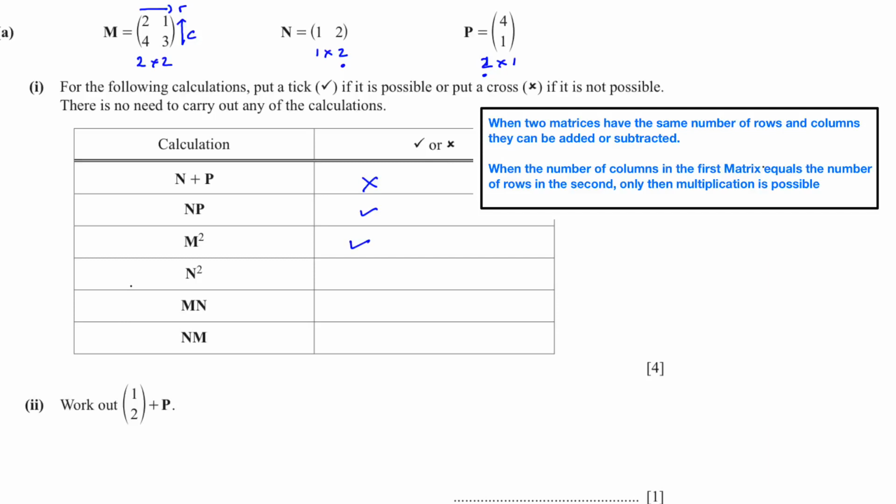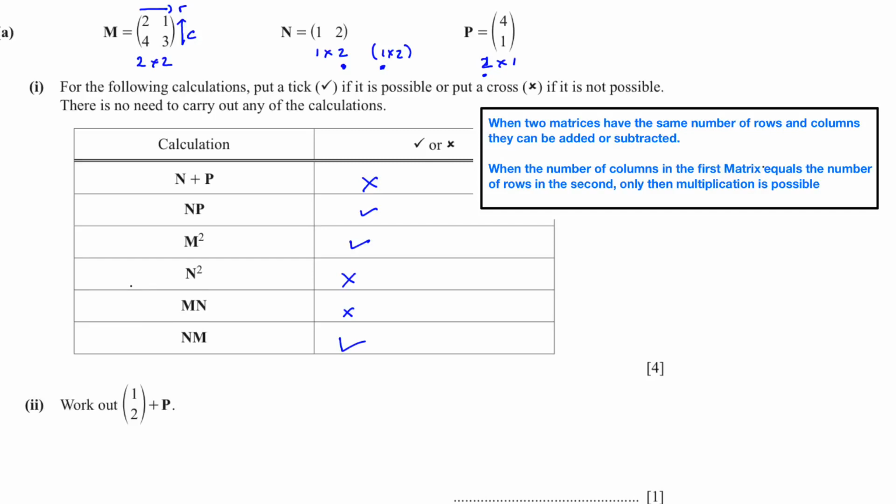N square, N multiplied by N. If you multiply N by N, you will have 1 by 2, and the number of columns and the number of rows are not the same, so you cannot multiply. M by N, you cannot, and N multiplied by M is possible.